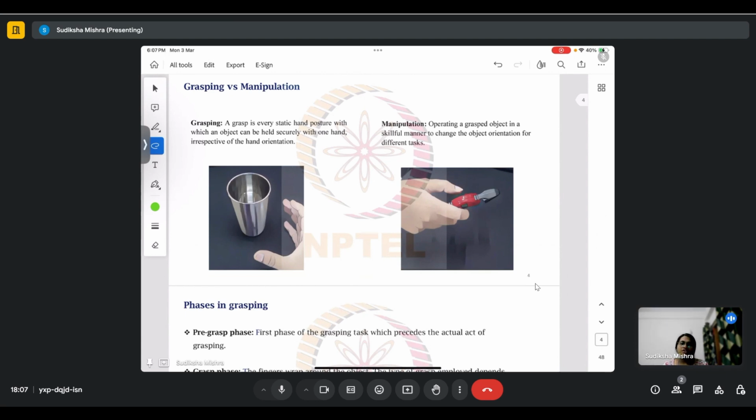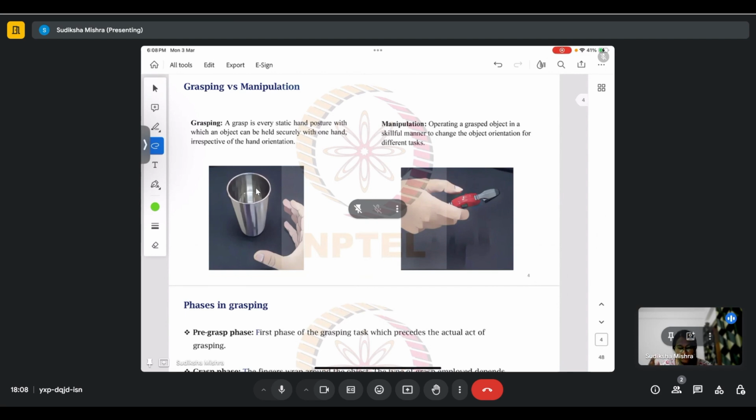Whereas manipulation is operating the grasped object. You've already grasped the pen, then you are making changes in the orientation of your palm or your hand so that you can use that object for various tasks.